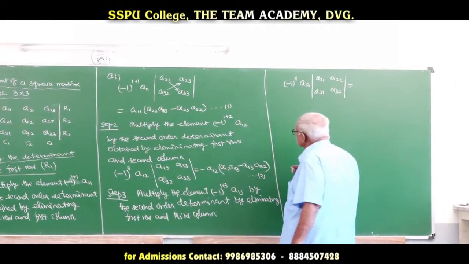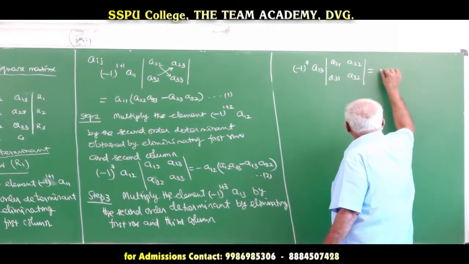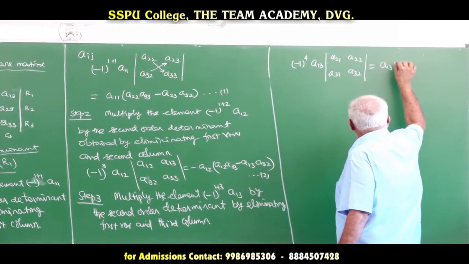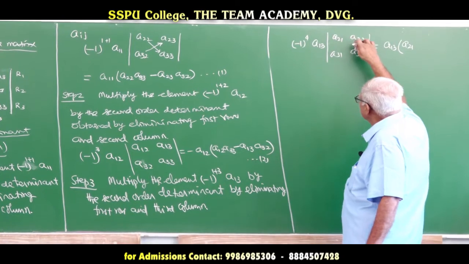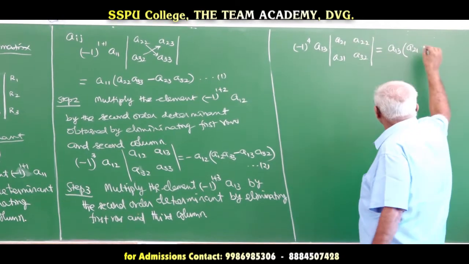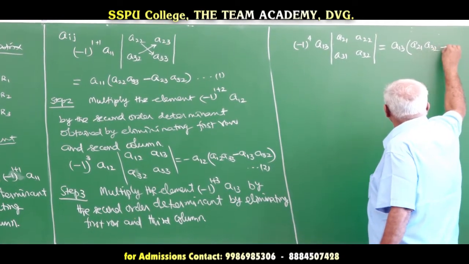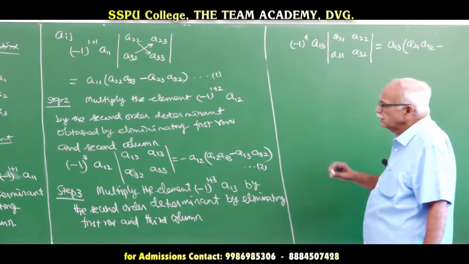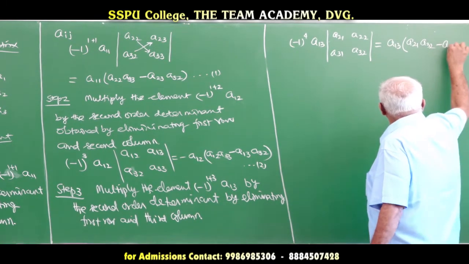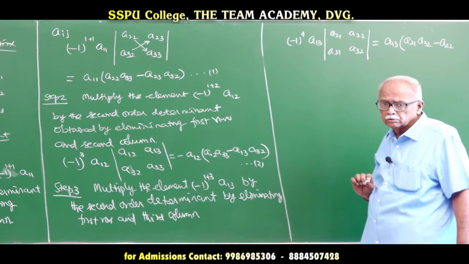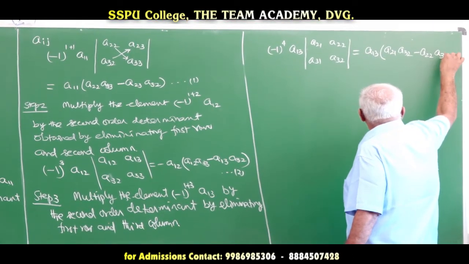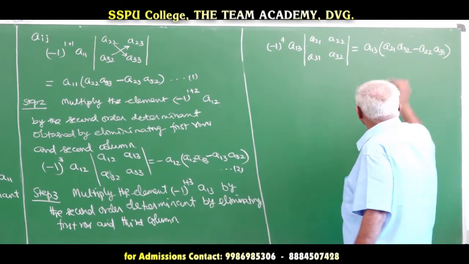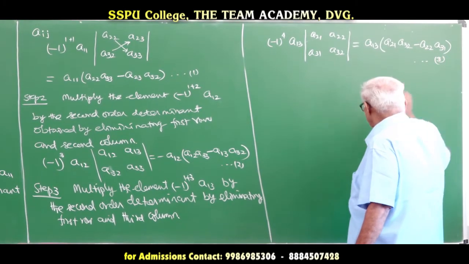So now this is plus A13 into the value of this, A21 multiplied by A32 minus A22 into A31. Let us take this as 3.